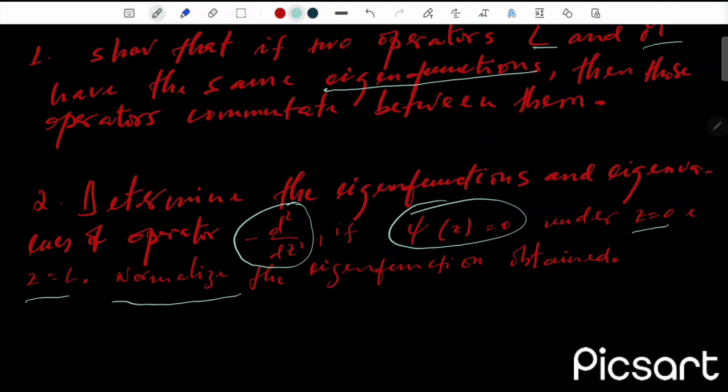Here the normalization is the other new word that we have.